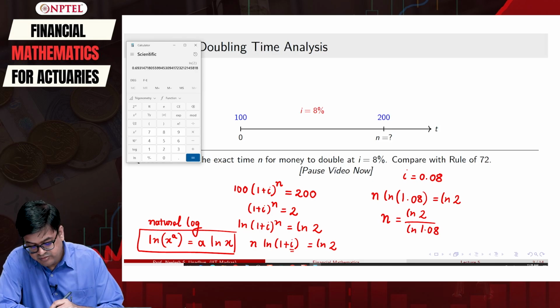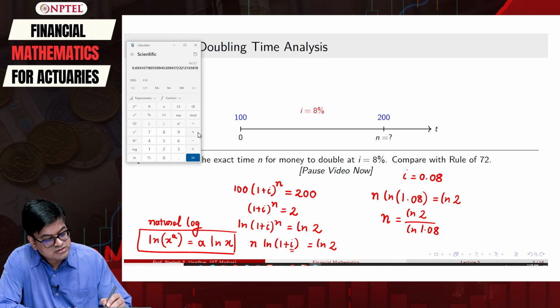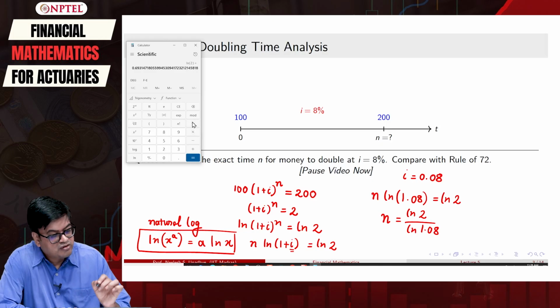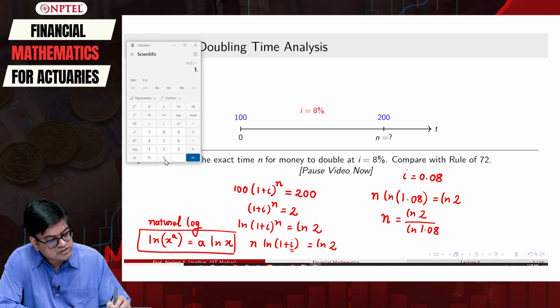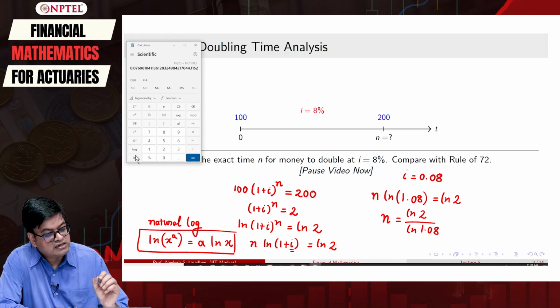Then you divide by this number. What is the number? 1.08. So use this 1.08, and then I have to take natural log, so the scientific shortcut is here, and then I have the division. You can see here it's ln of 2 divided by ln of 1.08.